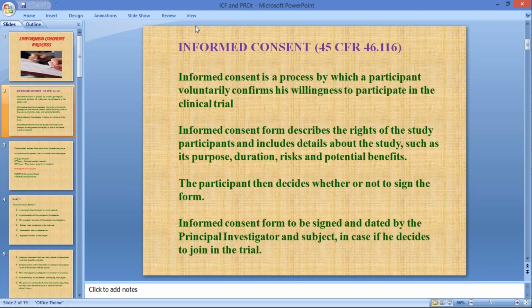We need to explain all the details about the study to the subject. The participant will then decide whether to sign or not to sign the form. The informed consent form is to be dated and signed by both parties, in case the participant decides to join.